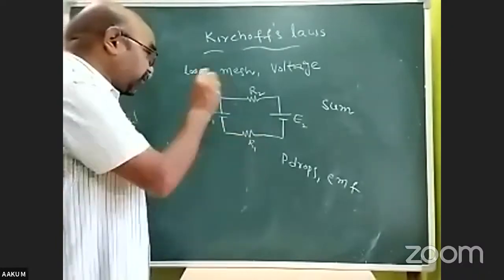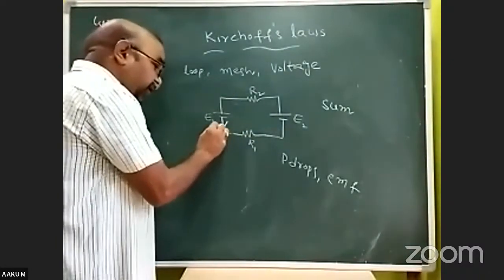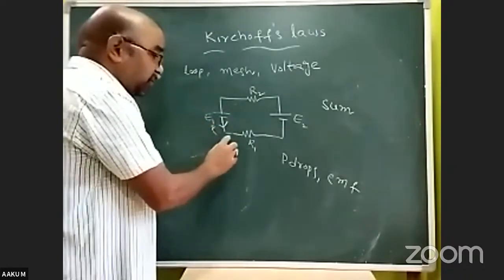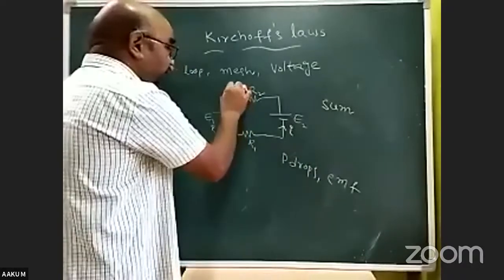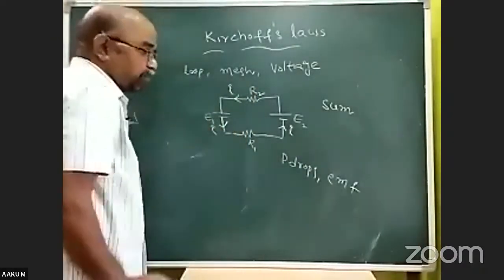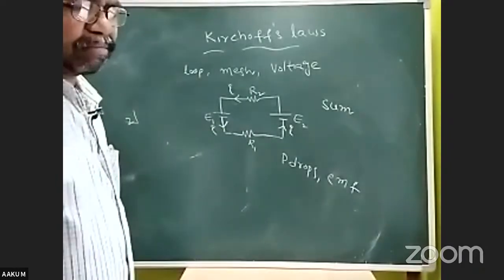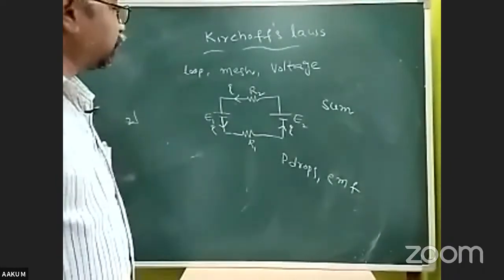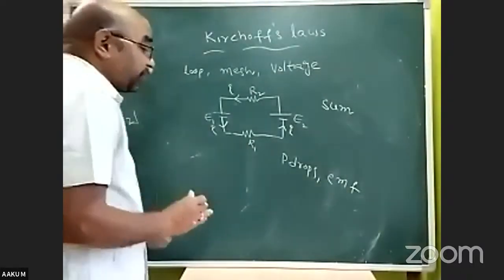Let us assume a current I is generated here, traveling like this, and finally approaches this cell. So the current direction generally they will give. We can take any one, no problem. What is our law once again?